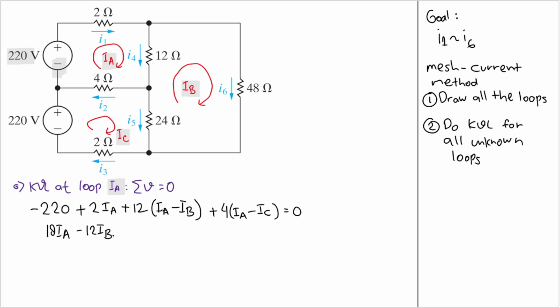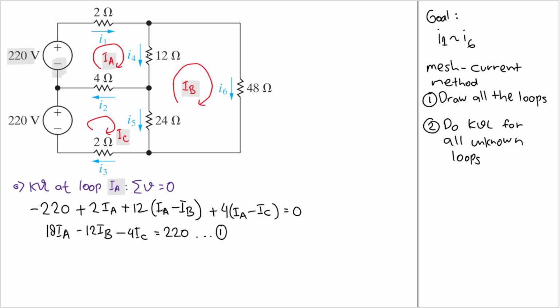And then I will have minus 4 IC. And let's move this 220 to the right hand side. I will have 220 here. Good. Let's save this as equation number 1. And that is our first KVL.